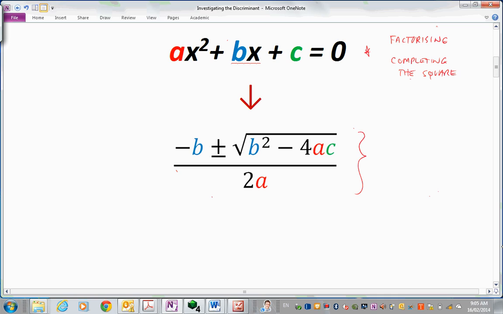So, what is it about this formula that might distinguish between those three scenarios? How can it be that it does not cut the x-axis, or touches, cuts once if you like, and then cuts twice?